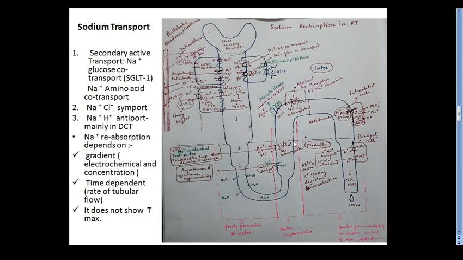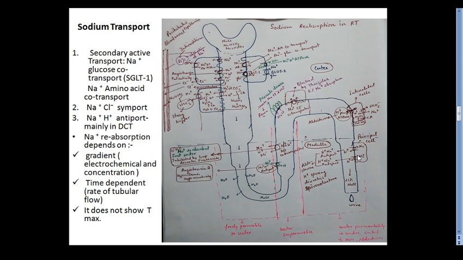In the ascending part of the loop of Henle, it involves the sodium potassium 2 chloride transporter. In the early part of the DCT, the sodium chloride co-transporter is used for its reabsorption, and in the collecting duct and DCT, the antiport channels, that is sodium potassium and sodium hydrogen ion antiport channels, are active to reabsorb sodium ion.